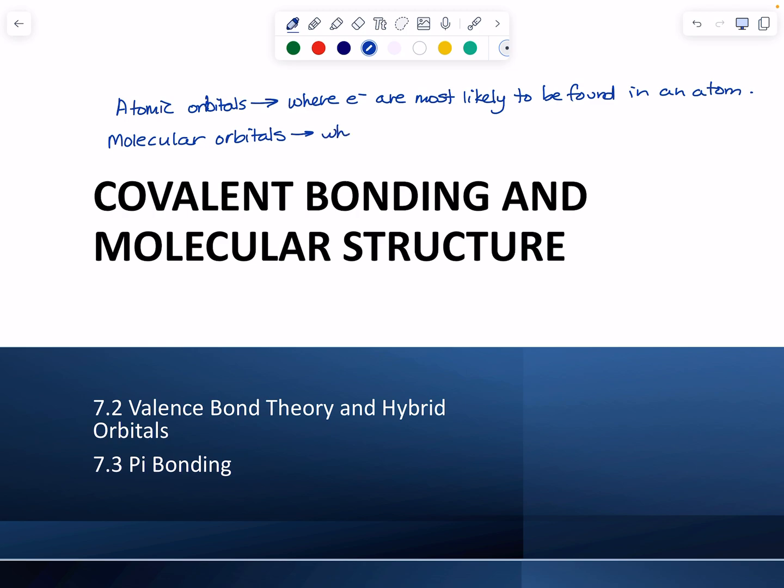So where electrons are most likely to be found in a multi-atom molecule. Right, so multi-atom just means you have more than one atom there, right? Okay. So, and it's not going to be the same, okay?